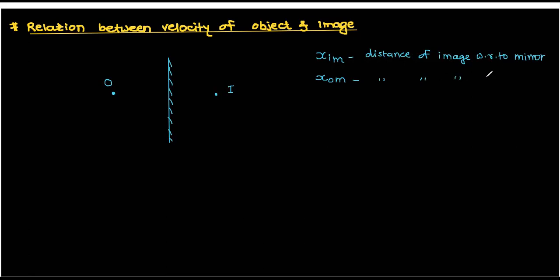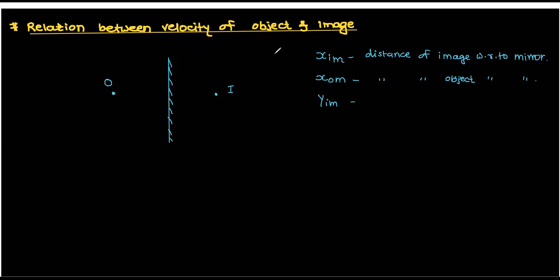Distance of object with respect to mirror. Next one, YIM. YIM is what? Tell me, distance of image, but along which axis? Y axis. This is along X axis, and this is along Y axis.